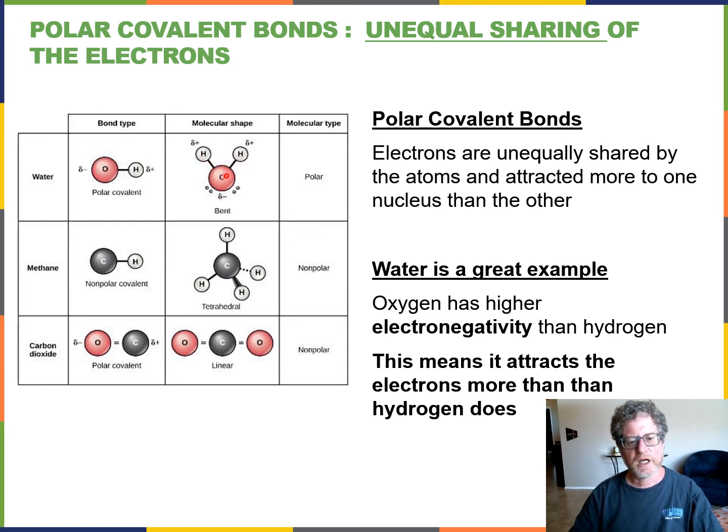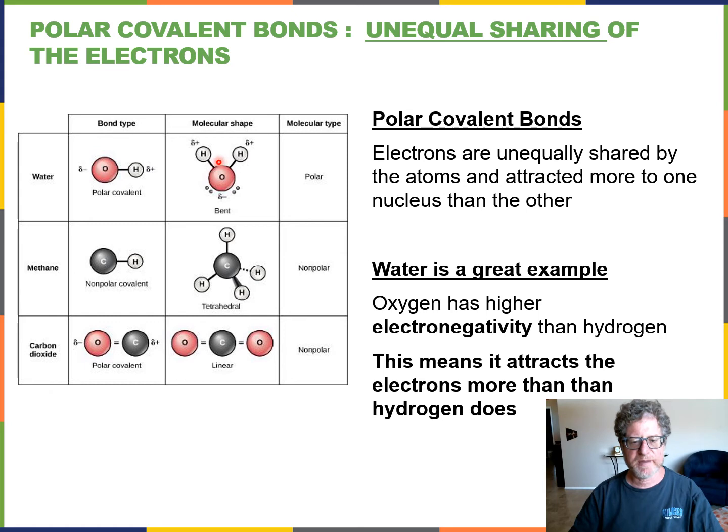So when these covalent bonds form, oxygen is a very electronegative element. What does that mean? It means it has a larger pull on the electrons than hydrogen. So even though these two atoms are sharing an electron pair, the electron pair is often closer to the oxygen than the hydrogen, and the same with this pair.